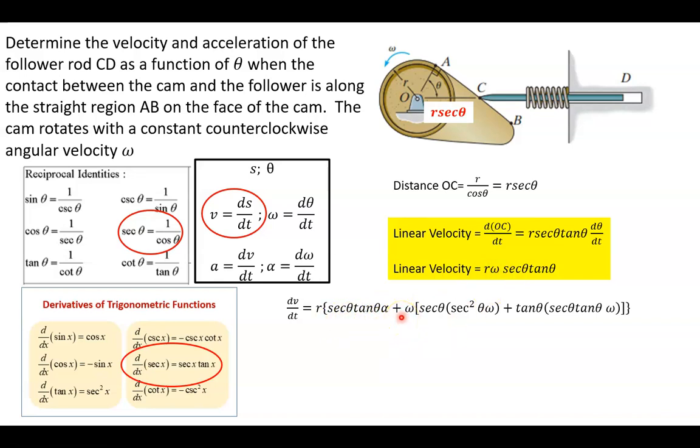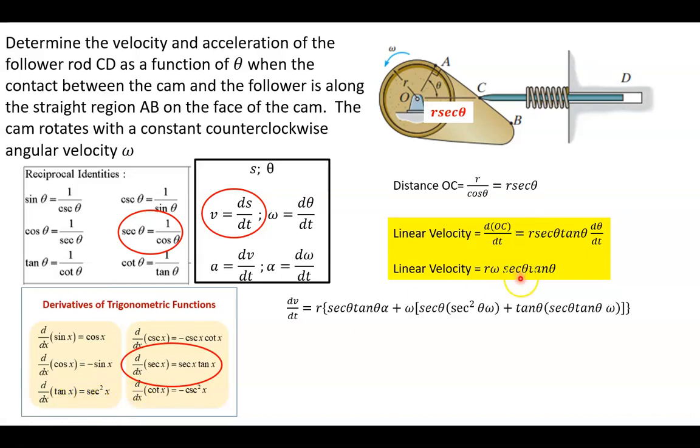Plus, this is the product rule. Again, this angular velocity is going to come outside of this because we're not going to take this derivative in these next two motions. Again, secant of theta times the derivative of the tangent of theta, which is also going to have the chain rule. So we get another omega. So secant squared theta. If we look over here, the derivative of tangent of x is secant squared of x.